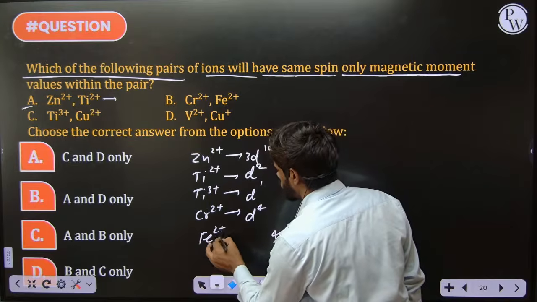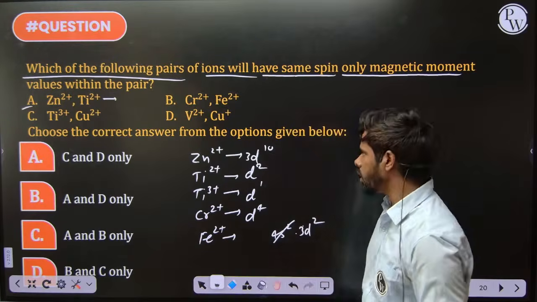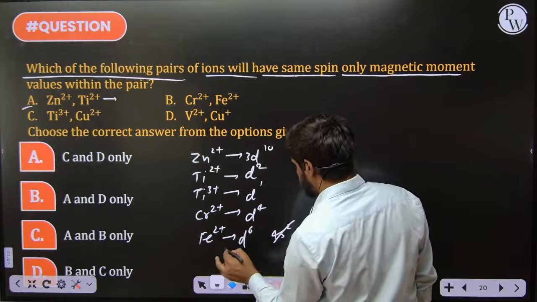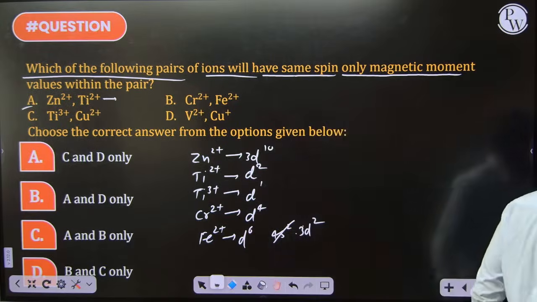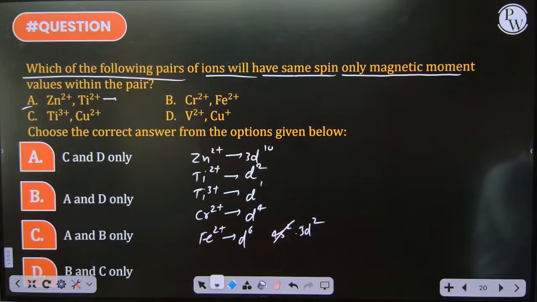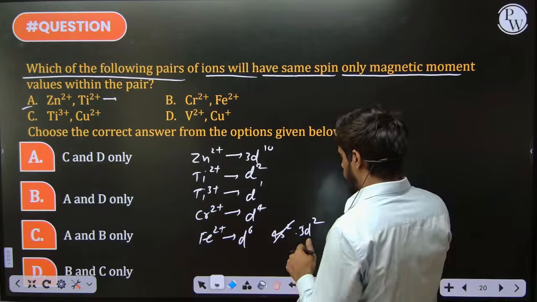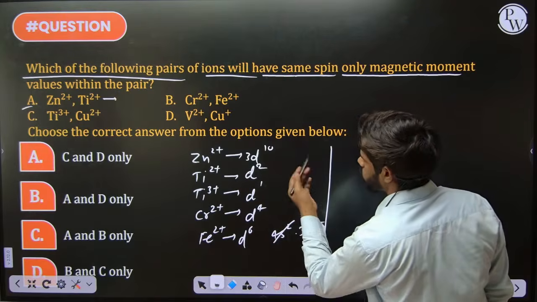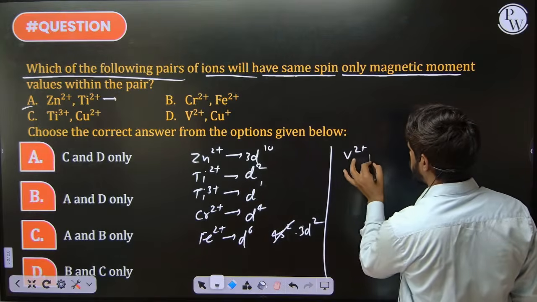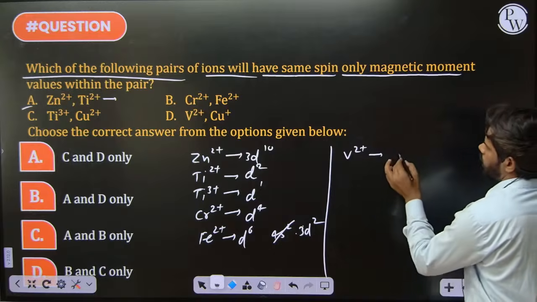Fe2+ is there, so for Fe2+ the configuration is d6. Next is vanadium 2+, which is 3d3.